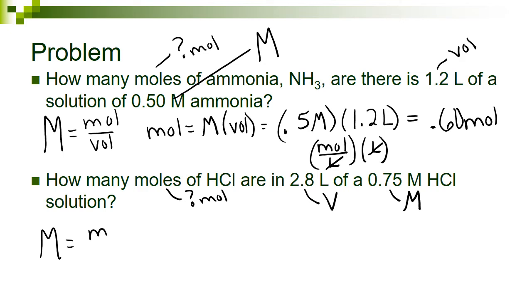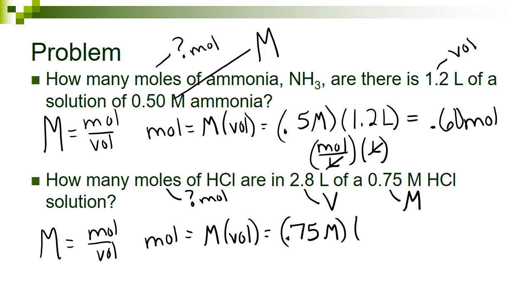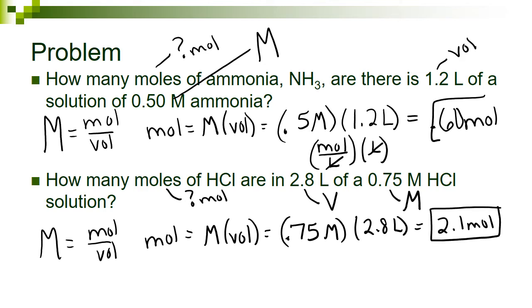Big M is moles over volume. In this case, I'm solving for moles. That's molarity times volume, or 0.75 big M, remember that's moles per liter, times 2.8 liters. I'm pretty sure that's 2.1 moles. Oops, there's a decimal right there.